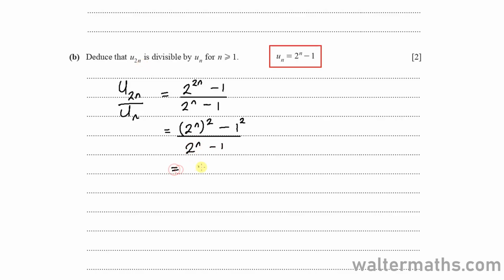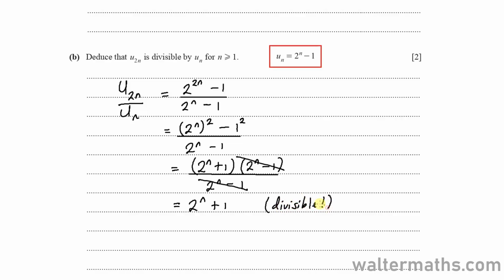So this can be simplified to 2 to the power of n plus 1 times 2 to the power of n minus 1, and that's all over 2 to the power of n minus 1. So the two are divisible if we cancel out the 2 to the power n minus 1, and we are left with 2 to the power of n plus 1. So we are actually seeing that they are divisible, and that's how we do it.